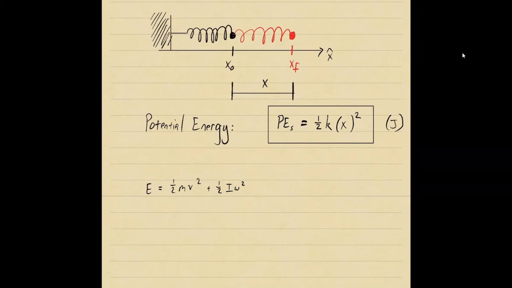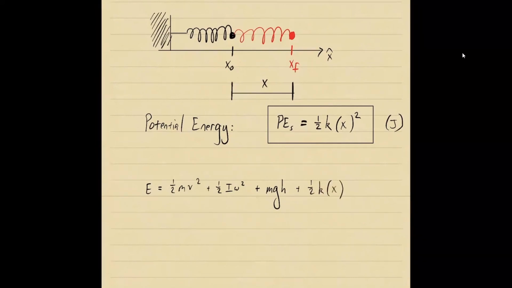This is when our object is literally spinning. So that plus our gravitational potential energy plus the potential energy for a spring. If you're not dealing with a spring, you don't have to worry about this. If your object's not rotating, you don't have to worry about that. If it stays at the same height throughout its motion, then you don't have to worry about this.